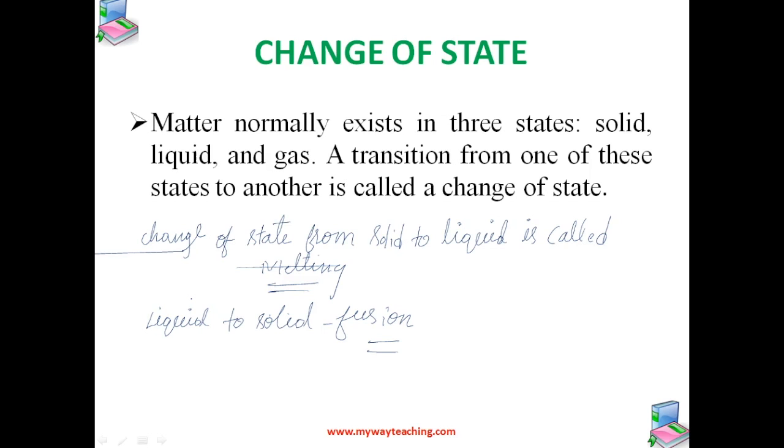The temperature at which the solid and the liquid states of the substance are in thermal equilibrium with each other, we call the melting point. That is one of the characteristics of the substance, and it also depends on the pressure. The melting point of the substance at standard atmospheric pressure is called the normal melting point.